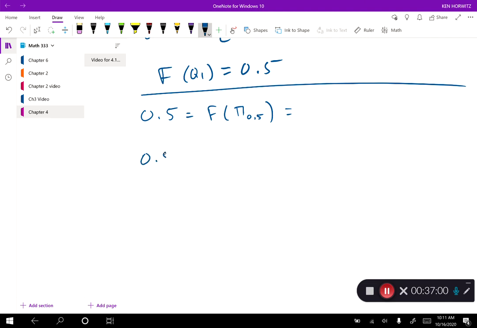So 0.5 equals 1/2 pi of 0.5. And when we multiply both sides times 2, I get 1.